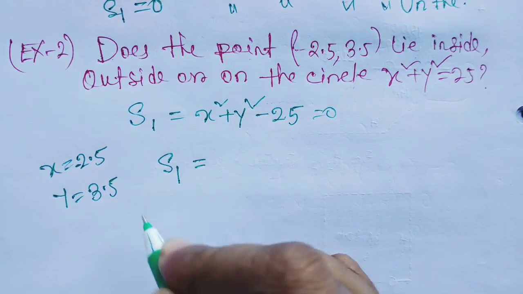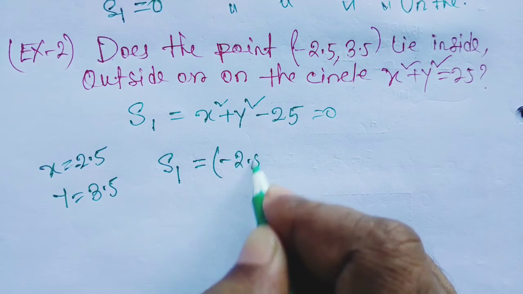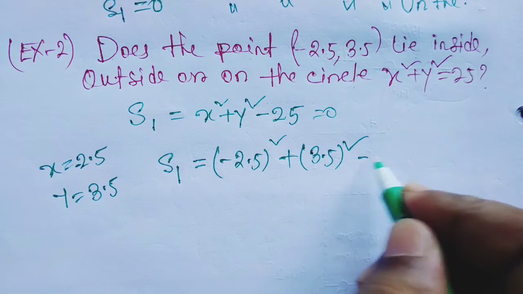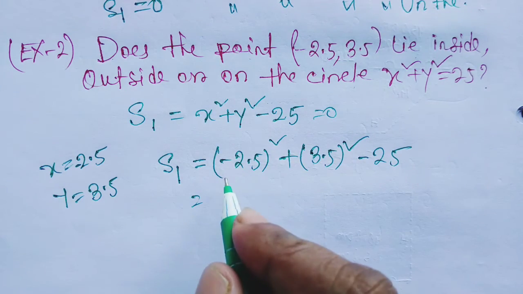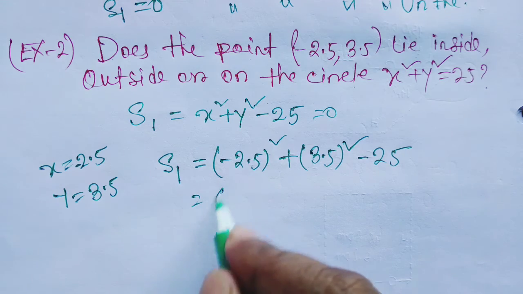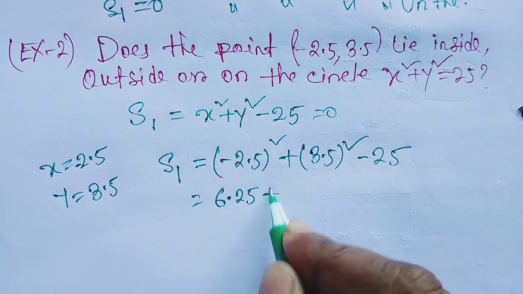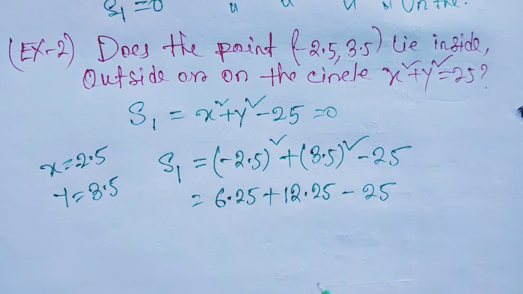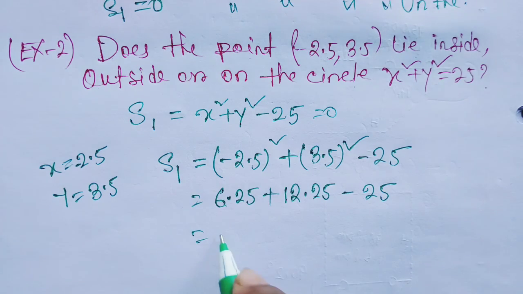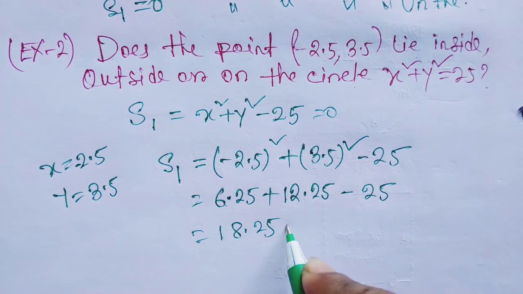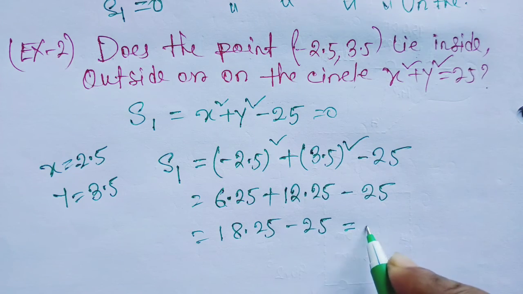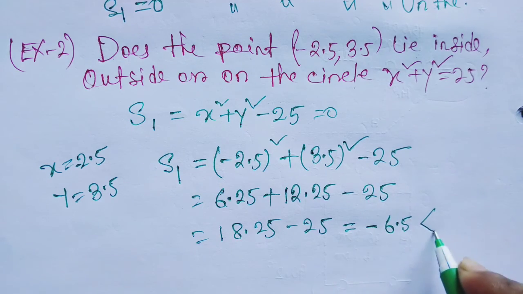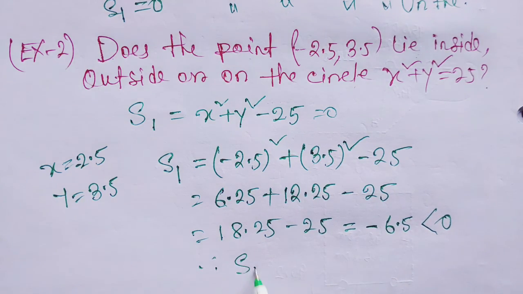We will get S1 equal to (minus 2.5) whole square plus (3.5) whole square minus 25. So (minus 2.5) whole square will be 6.25 plus 12.25 and minus 25. Now 6 plus 12 is 18.25 and minus 25 gives minus 6.5, and it's minus, so it will be less than 0.